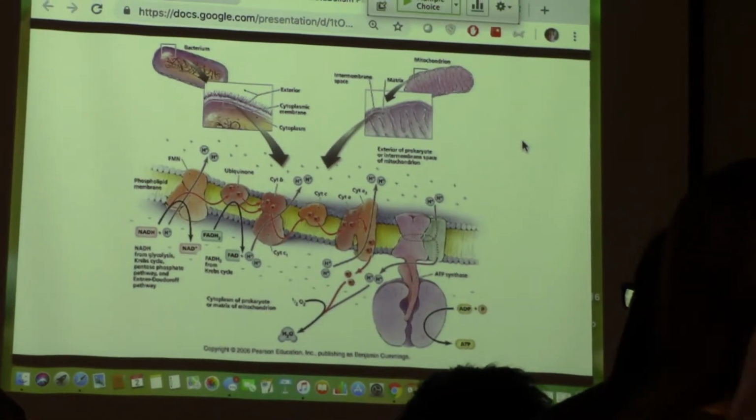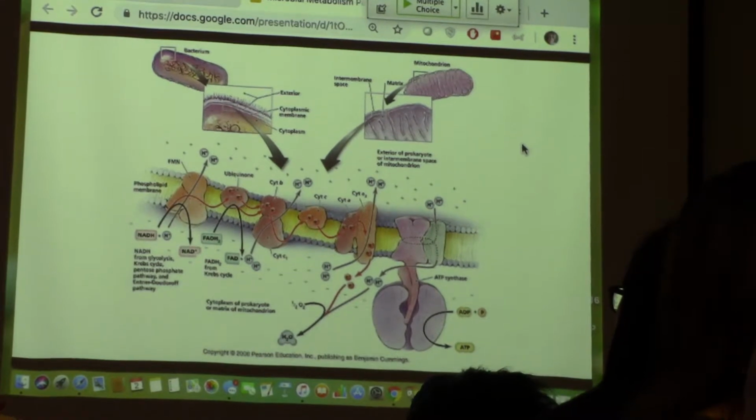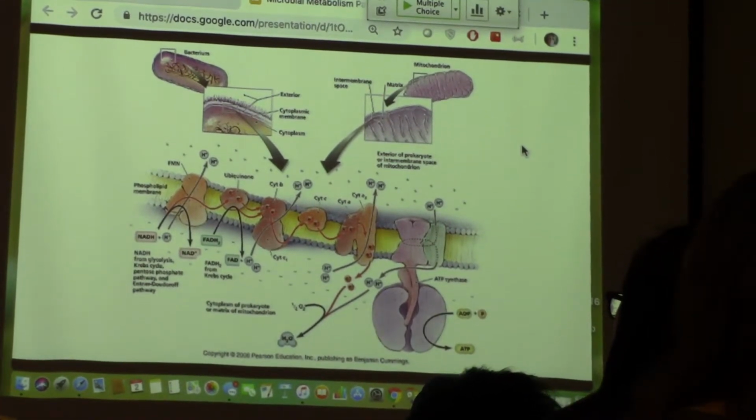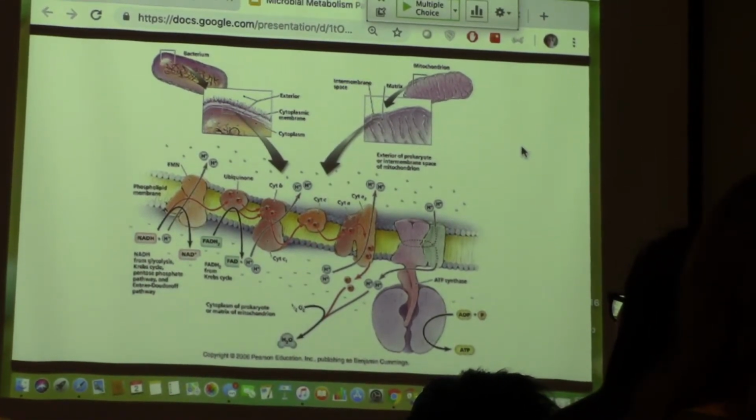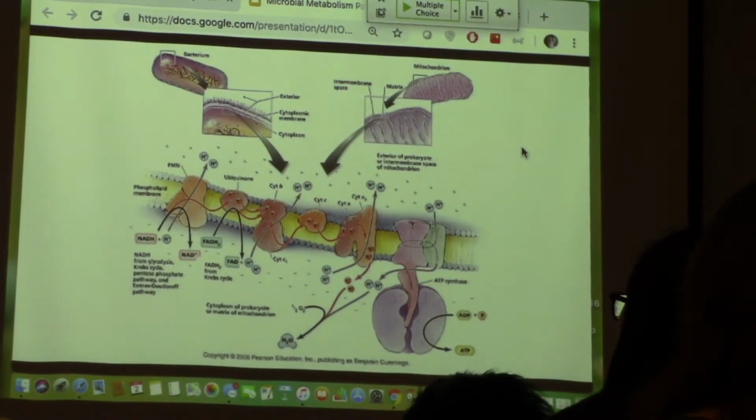When you have things at high concentration, what do they want to do? Diffuse. They want to diffuse back to low concentration, right? And they'll do that spontaneously. So the cell is pumping these protons against the concentration gradient. It's using the energy in these molecules to concentrate protons in these spaces.